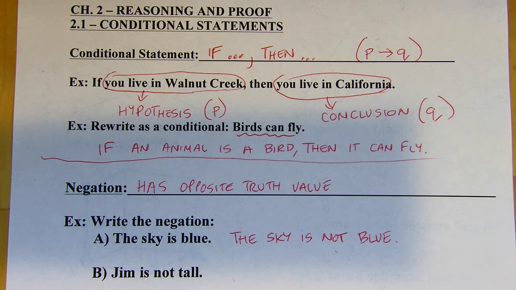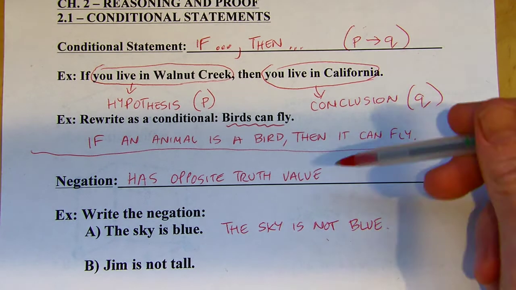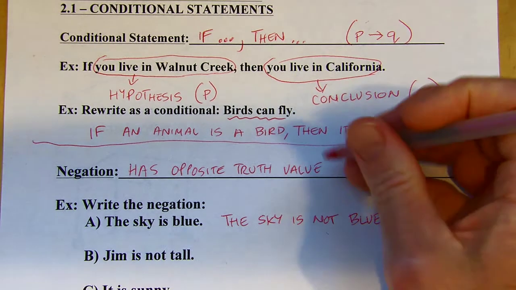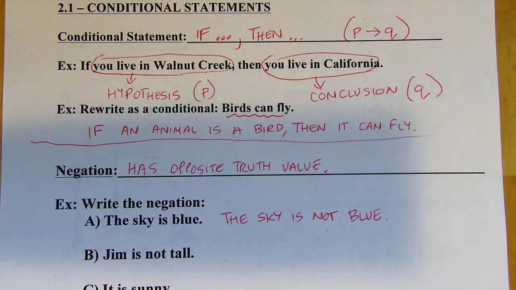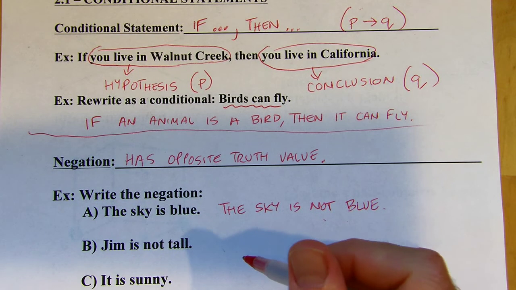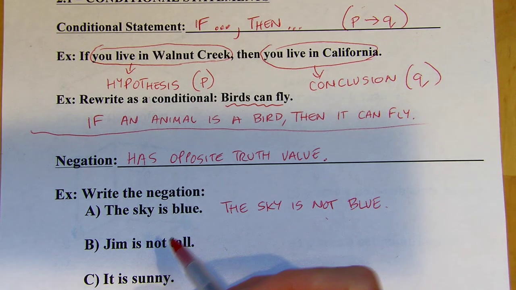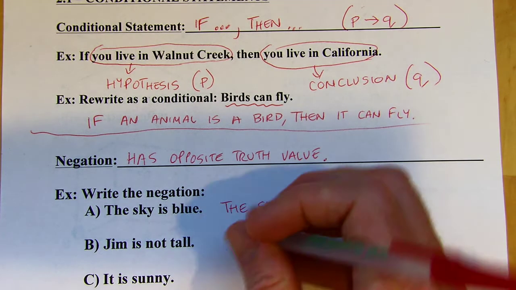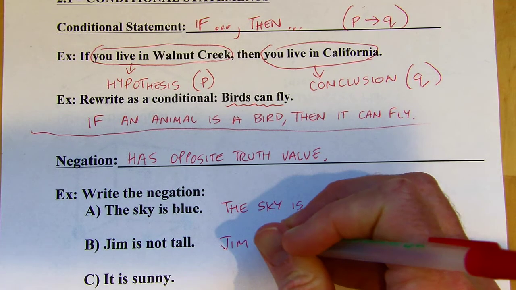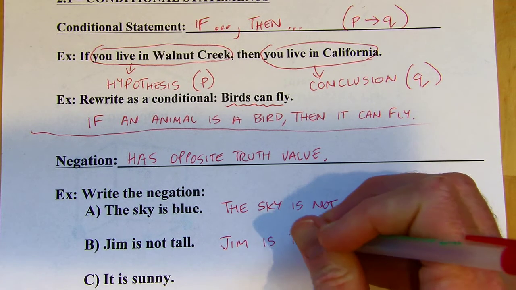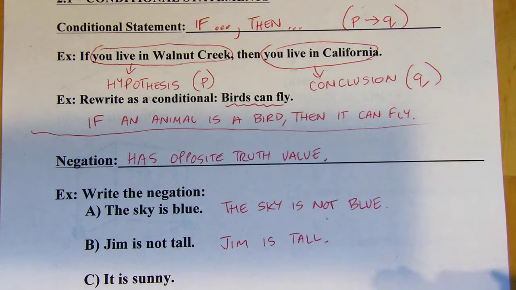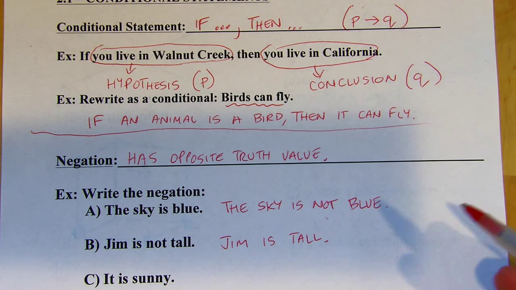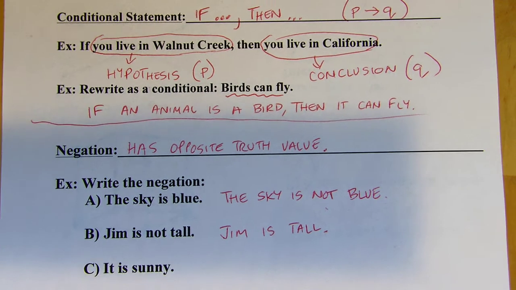That's what I meant by the truth value when I was talking about the negation. Okay, part B, Jim is not tall. So if the word not or isn't is in the statement, you can just take it out. So I can say Jim is tall. Often it's as simple as just putting the word not in or removing it if it's in there.